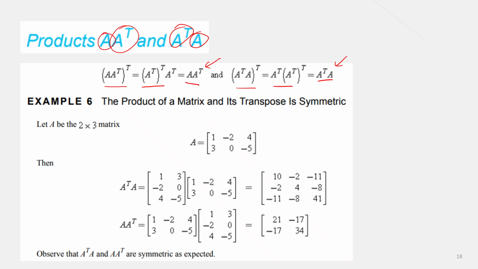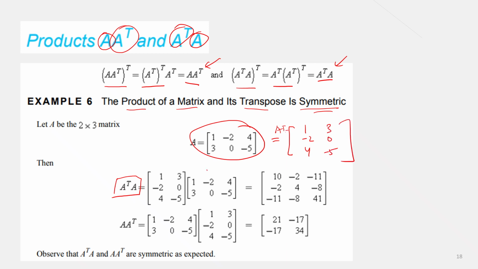And another one, we will show that a product of a matrix and its transpose is a symmetric matrix. Okay, so when you multiply this matrix with its transpose, let's say this is matrix A, when you transpose it, it becomes 1, minus 2, 4 and 3, 0, minus 5.